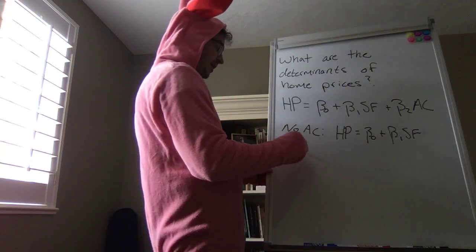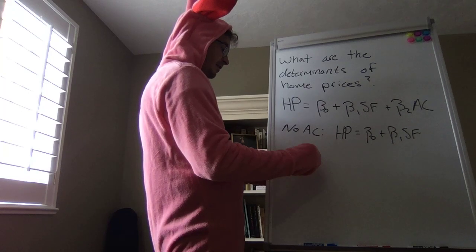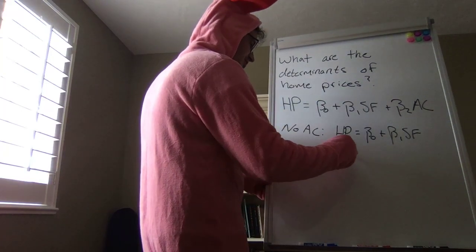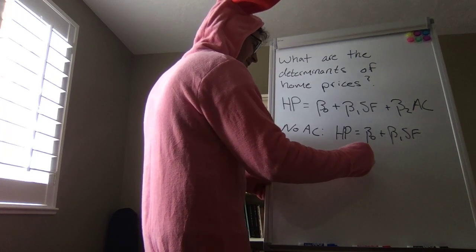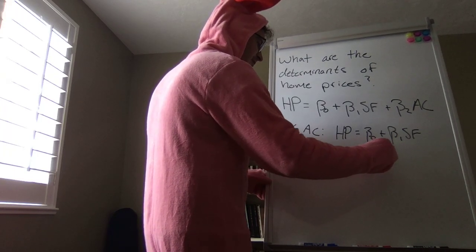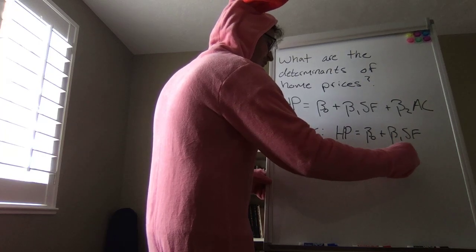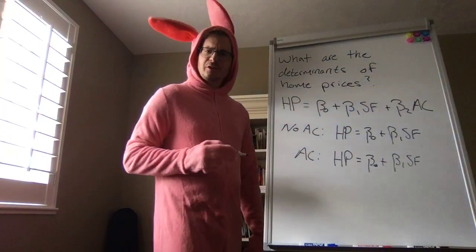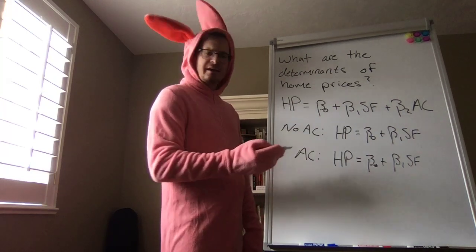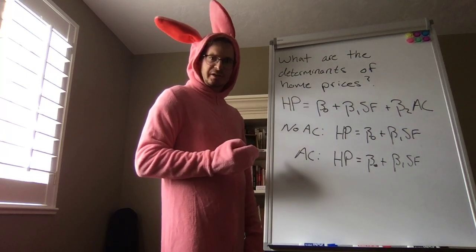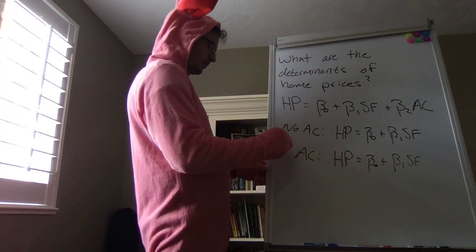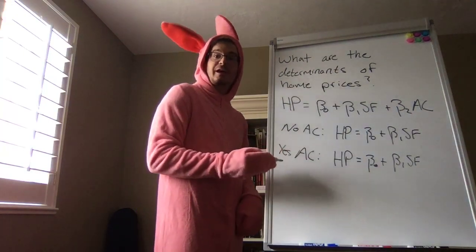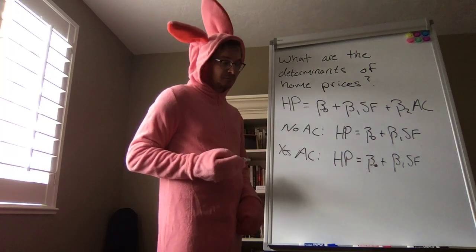Now I'll also want my other equation, the one with AC. That's going to have HP equals beta naught plus beta 1 SF. What is the value of AC in the equation for houses with air conditioning?